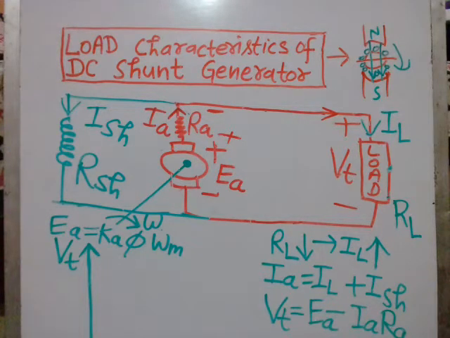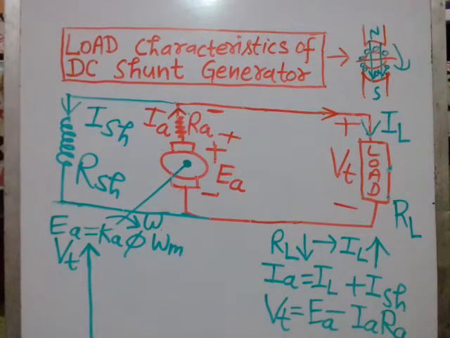The very first step is that you rotate this DC generator at a fixed speed. Once it is rotated at a fixed speed, the generated EMF will be fixed only.